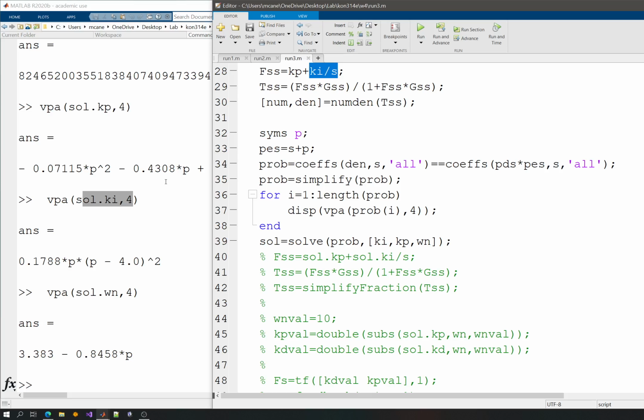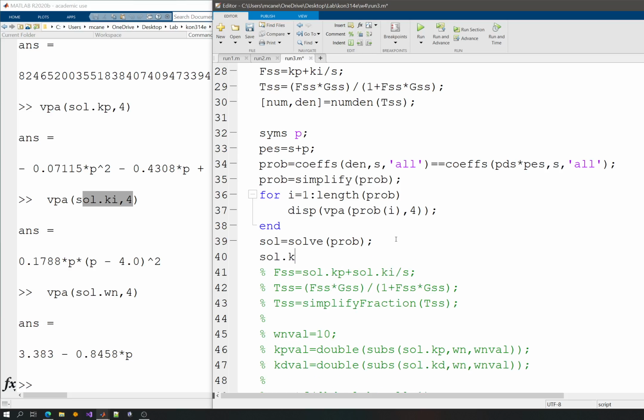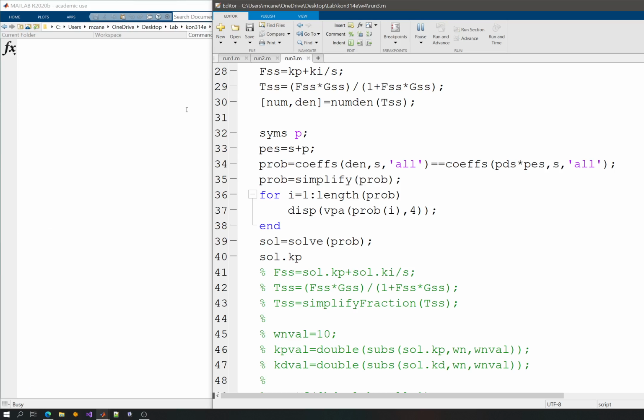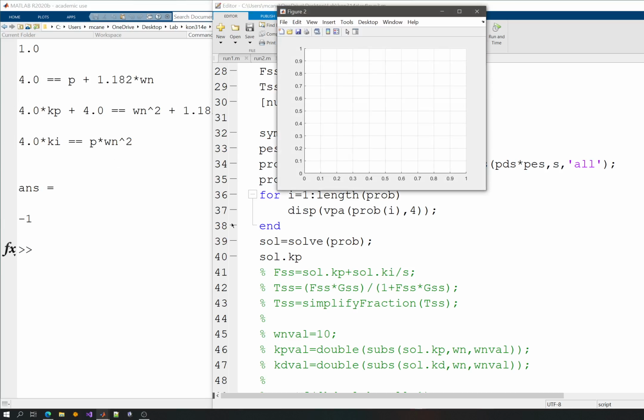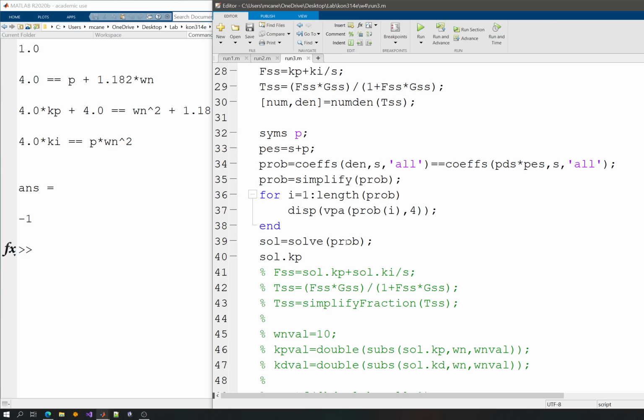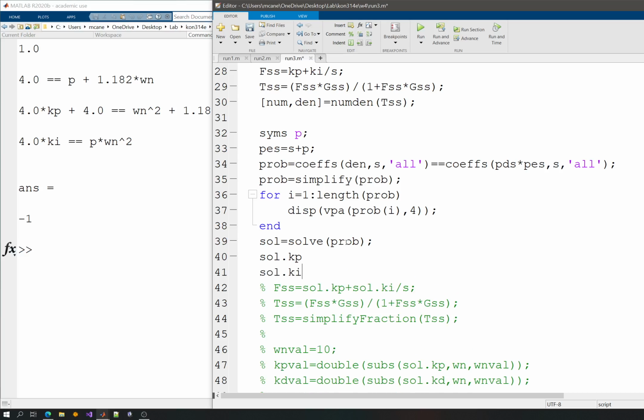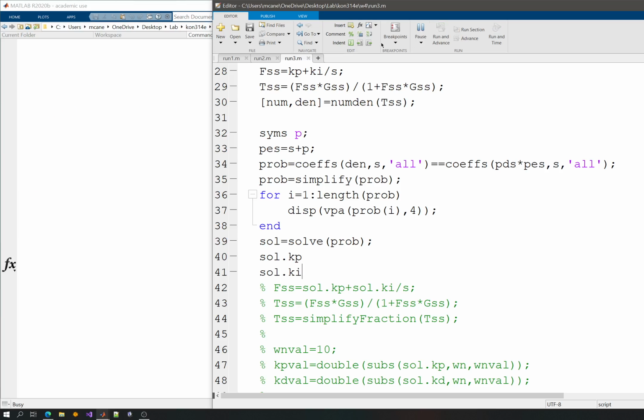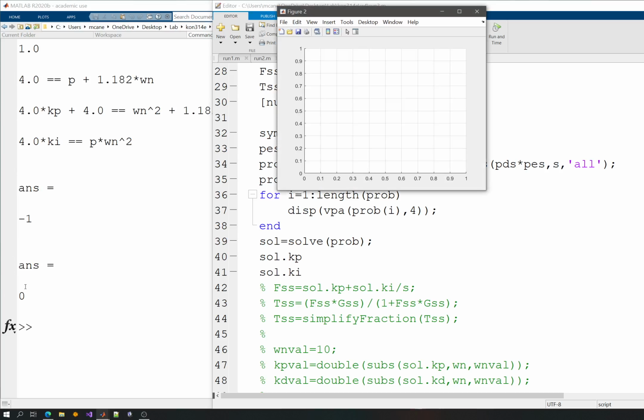So keep that in mind, and if you don't provide this and try to solve this, Matlab will try to give you a solution, but it might be a trivial solution, and most of the time it is basically. And you can see that sol.ki, if I'm not wrong, is equal to 0. Is it exactly?